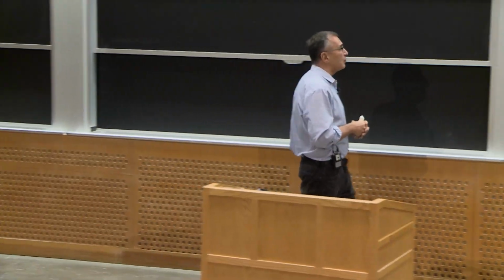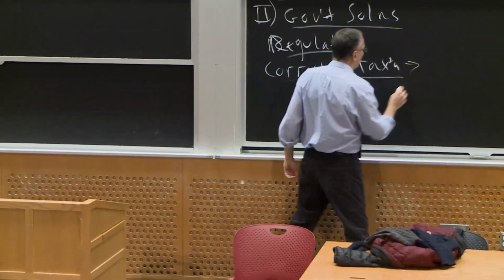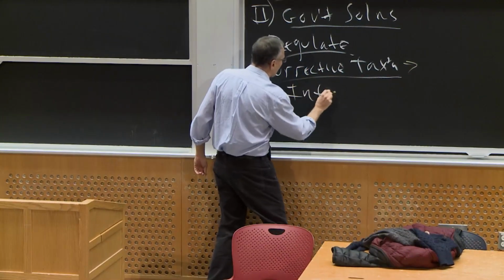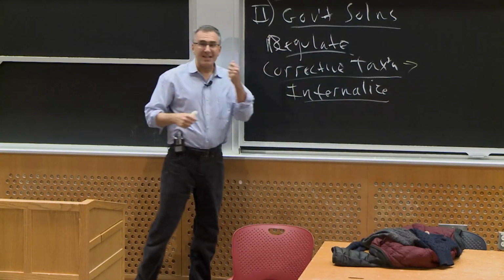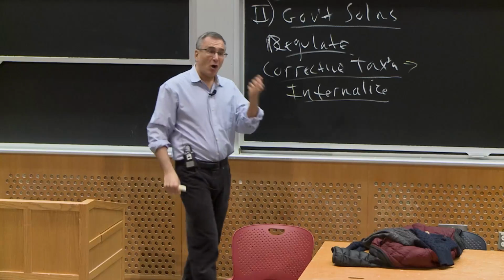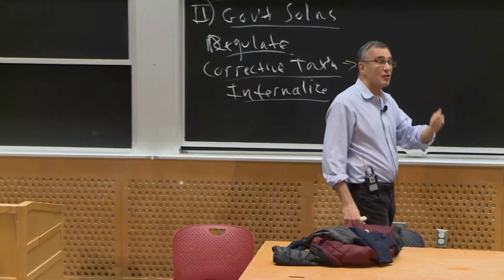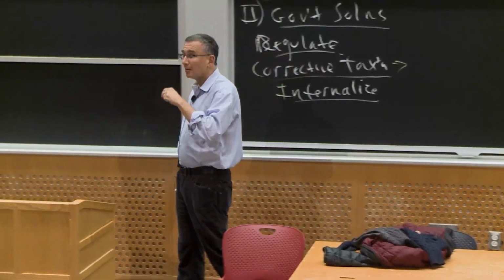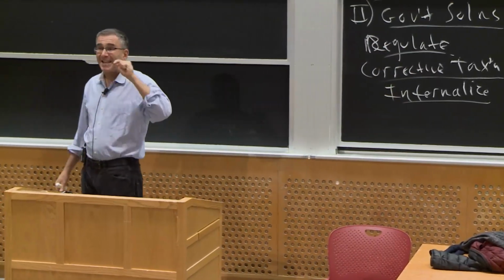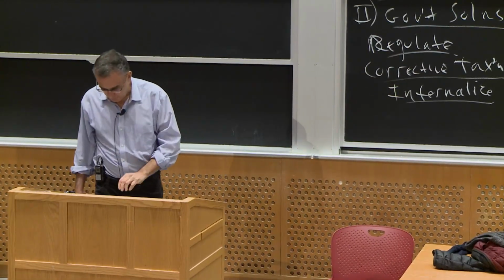What the government does through corrective taxation is cause the firm to internalize the externality. By basically pricing the externality, it causes the firm to incorporate that into their decisions, thereby getting to the socially optimal outcome.